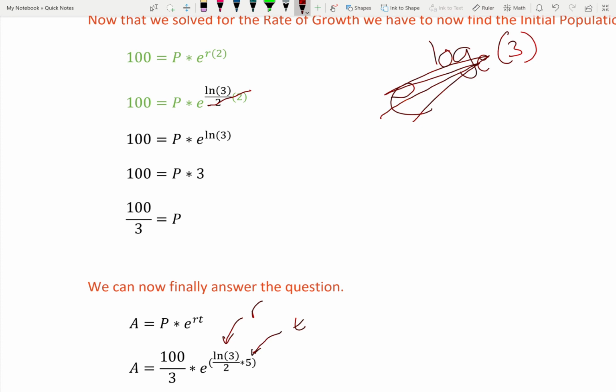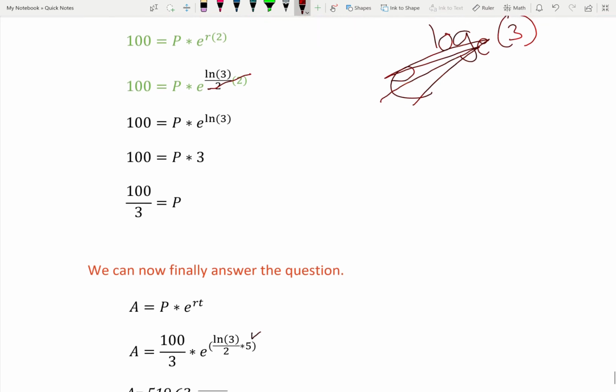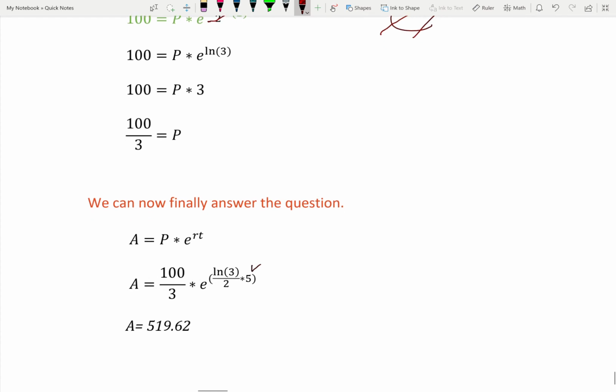I have everything in place for me to solve for how many flies there will be after 5 years. So the answer here is 519.62. I don't know how you have 0.62 of a fly, but you do. No, honestly, you would just round it. Alrighty.